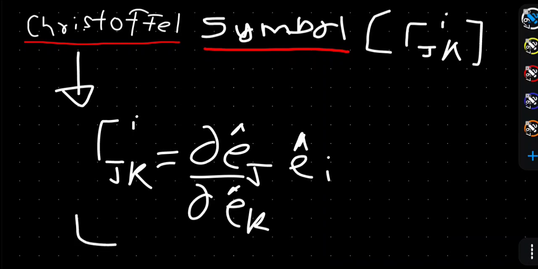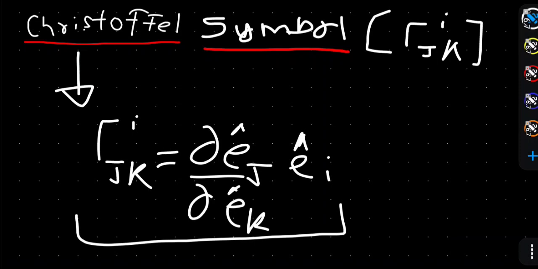So this is the expression for the Christoffel symbol. The simple meaning of this equation is that the Christoffel symbol, here i and jk, measures the change in the j basis vector with respect to the k basis vector in the direction of the i basis vector.